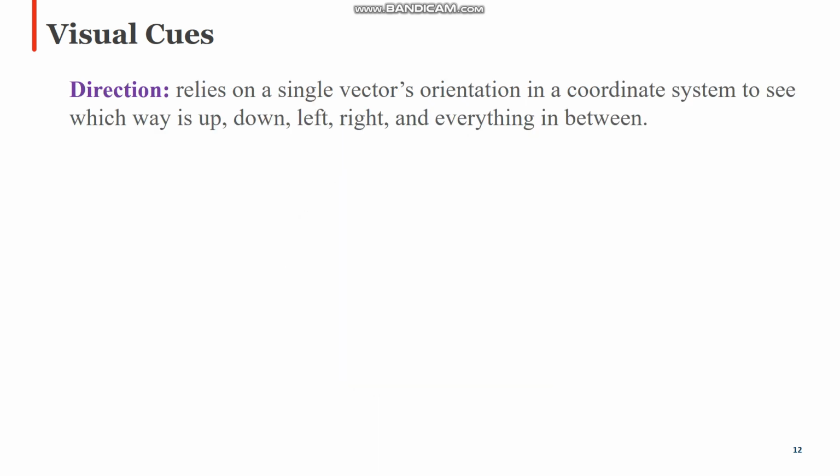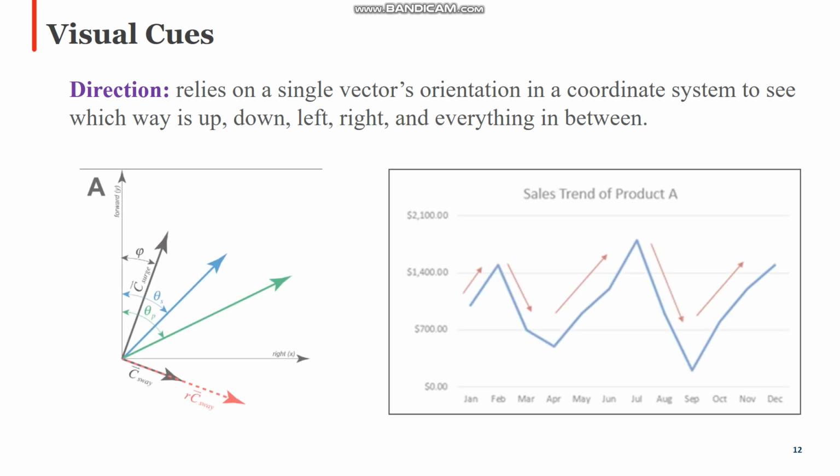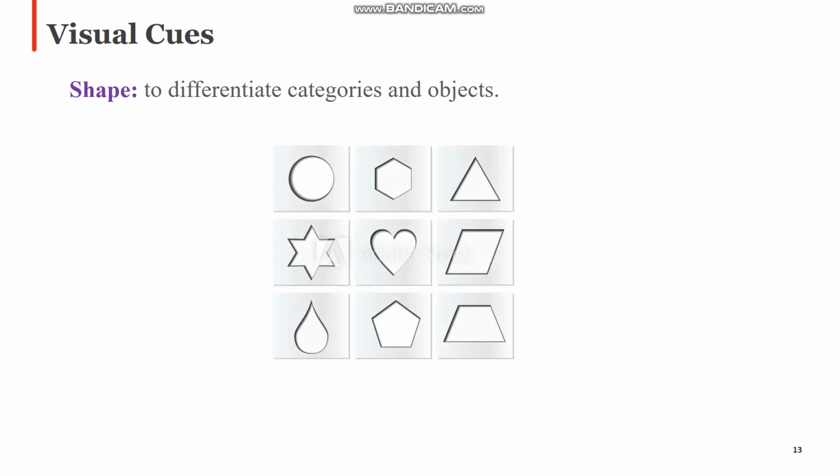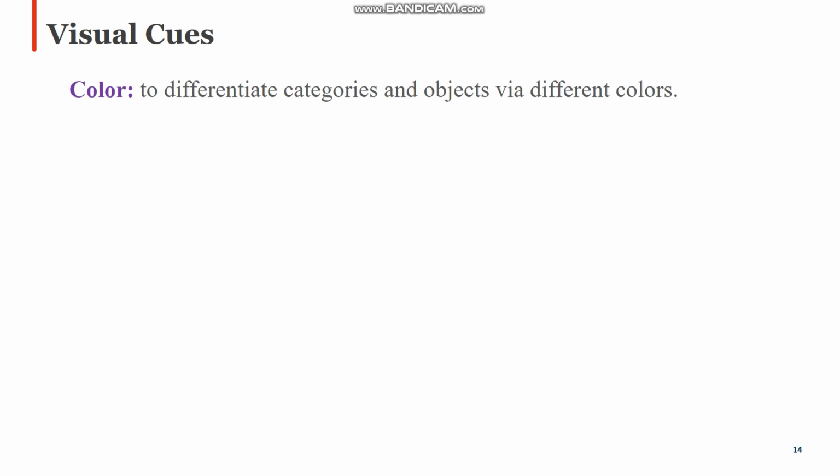As for direction, it relies on a single vector's orientation in a coordinate system. So you may observe which way is up, down, left, right, or in between. As for the shape, you may use it to differentiate categories and objects. Here are some distinctive shapes we often use. Among the visual cues, color is one of the most used.